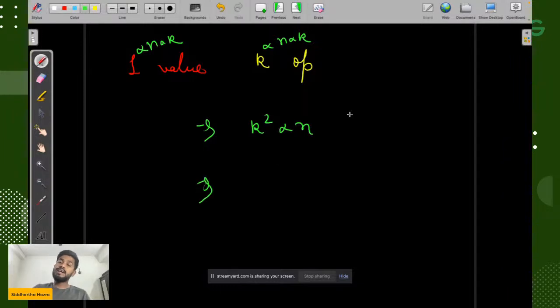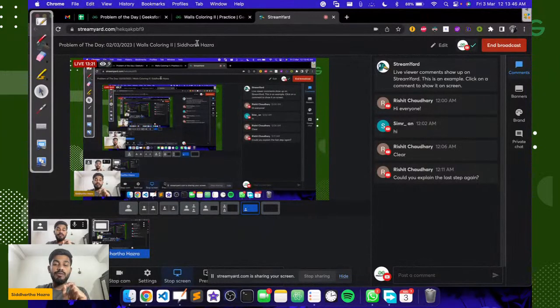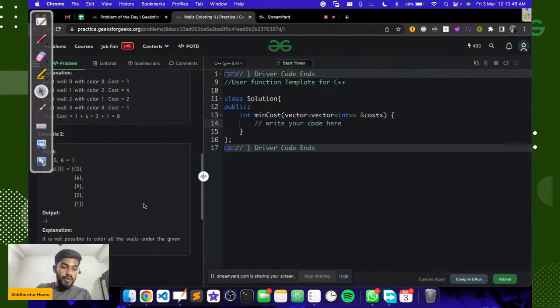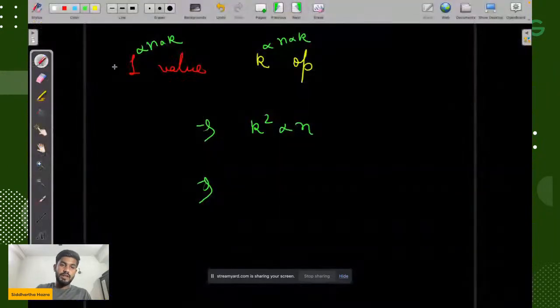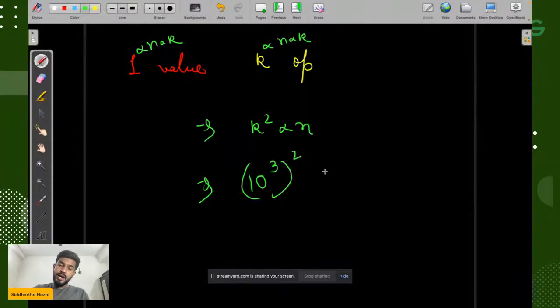So that is the time complexity of what I am having. Minimum is an arithmetic operation, so that takes constant time. So this is good enough. What is the value of k in the worst case? In the worst case, the value of k is 10 to the power 3. So 10 to the power 3 multiplied by n square, where n is also 10 to the power 3.